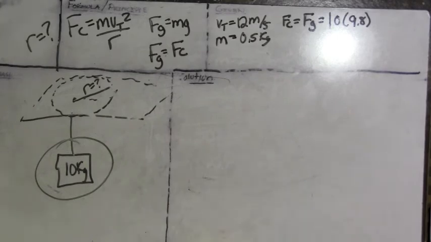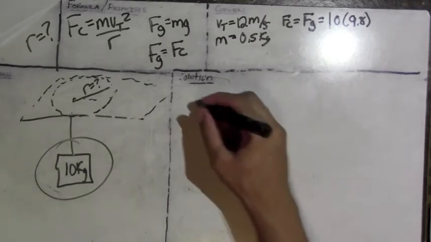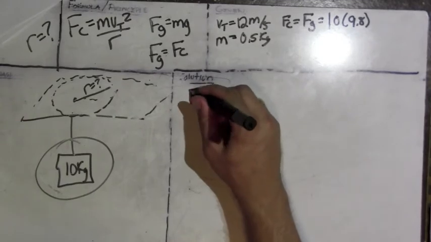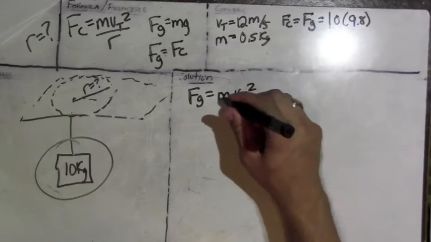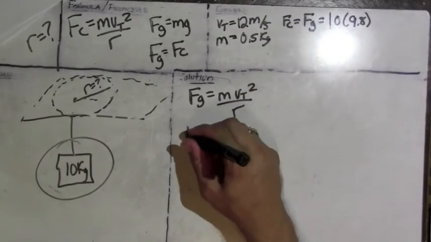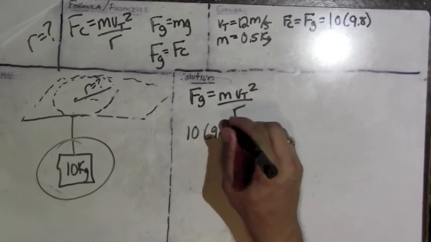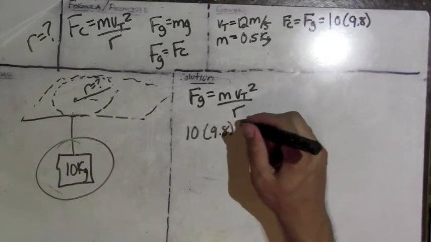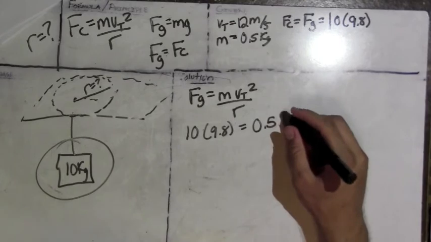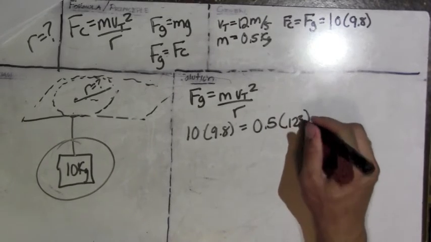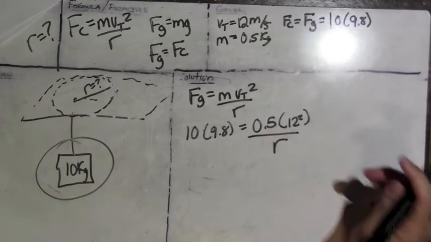So once you get to this point right here, you can say Fg is equal to mvt squared over r, or 10 times 9.8, because that's a different mass, is equal to 0.5 times 12 squared over the radius.